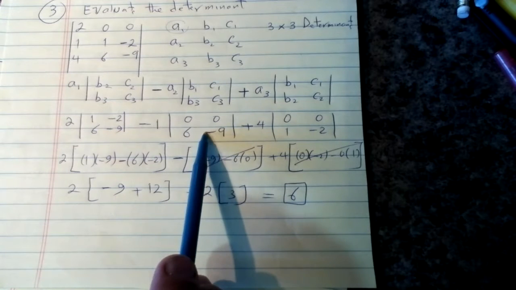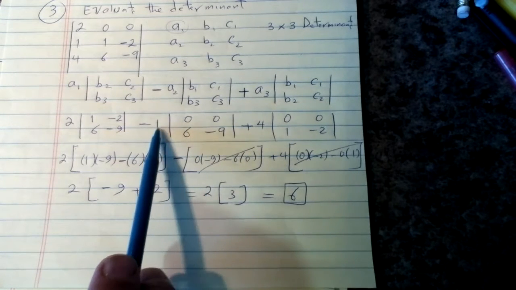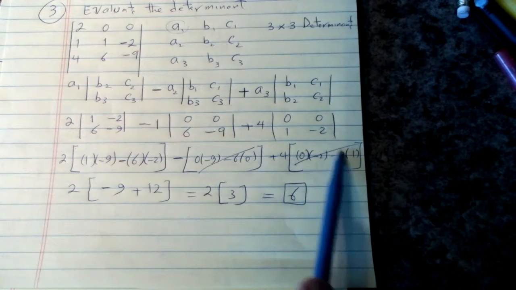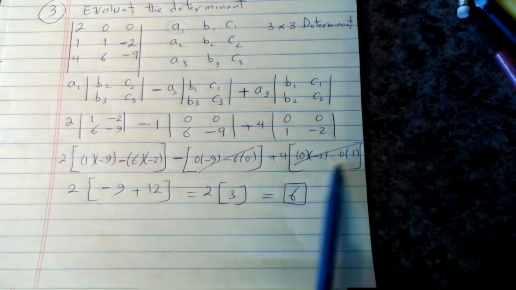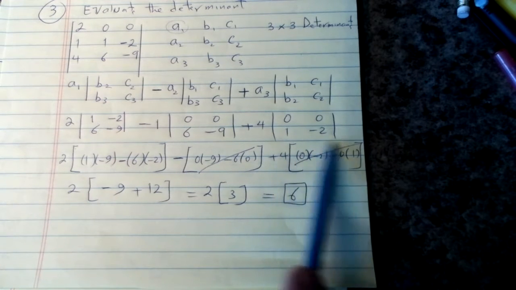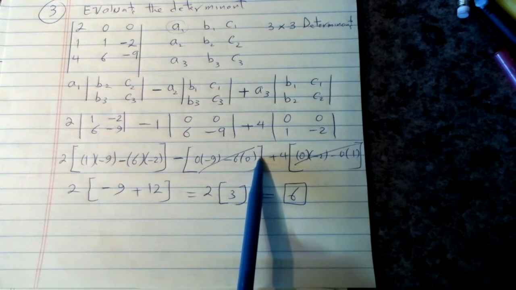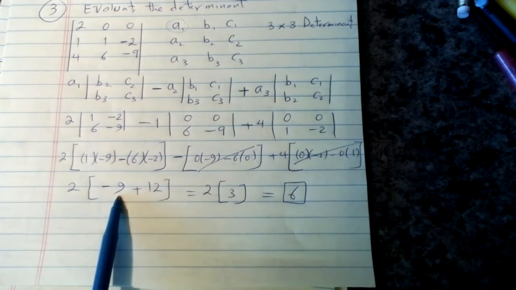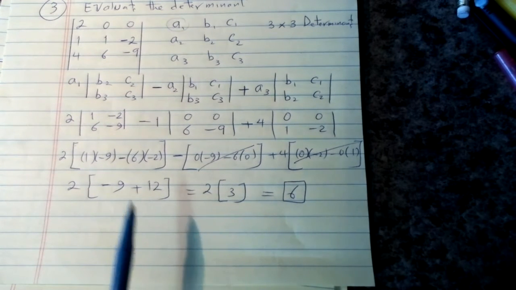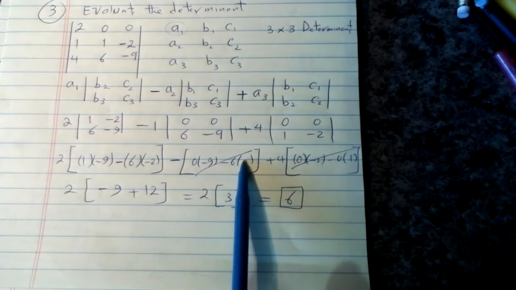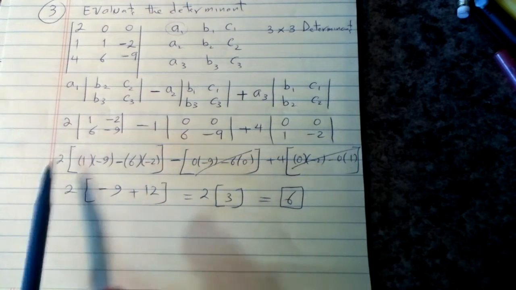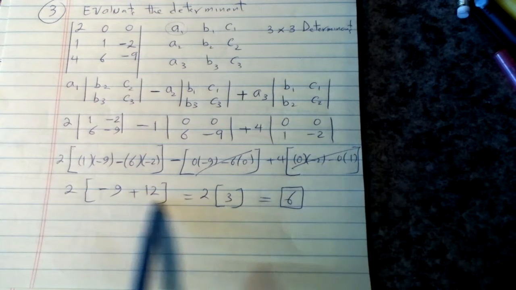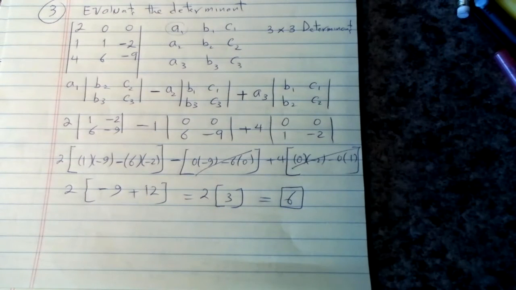You find the determinant of the second one, multiply by -1, and this one multiply by 4, but it's 0, so then this thing is gone. So what you have is 2 times -9 plus 12. This one is gone because it's all 0. This 2 is gone. So all you have is just this. So in the bracket, you have 3 and then times 2.